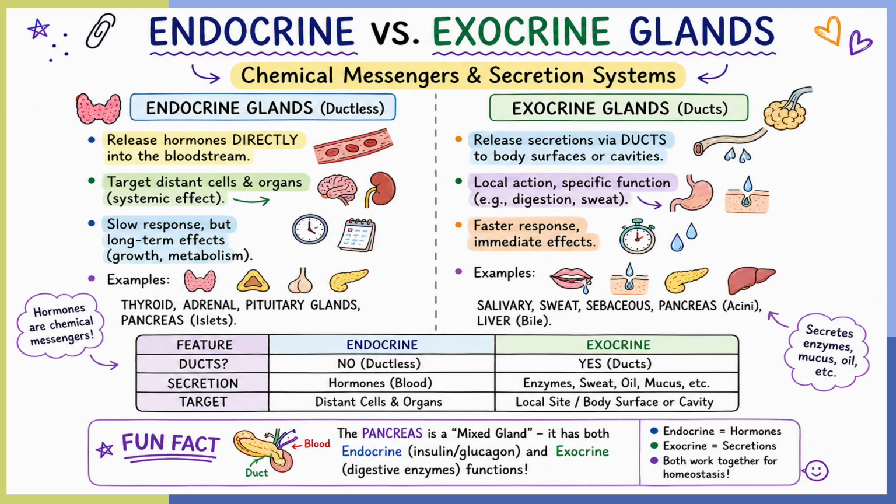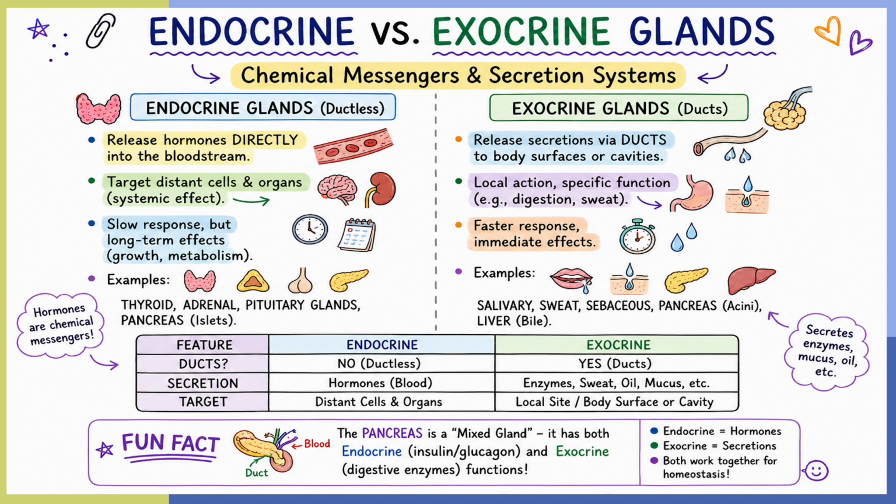To understand the endocrine gland disorders, it's really important to first distinguish between endocrine and exocrine glands. So I wanted to touch on this a little bit. Now, although both types of glands produce and release substances, they differ significantly in how and where those substances are delivered. Endocrine glands are known as ductless glands because they release their secretions, called hormones, directly into the bloodstream.